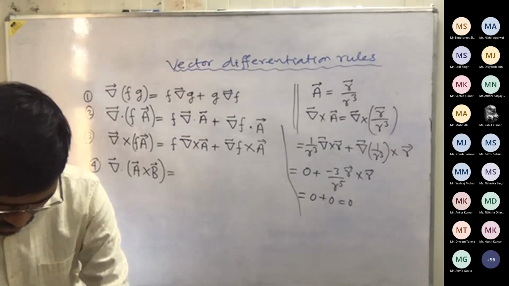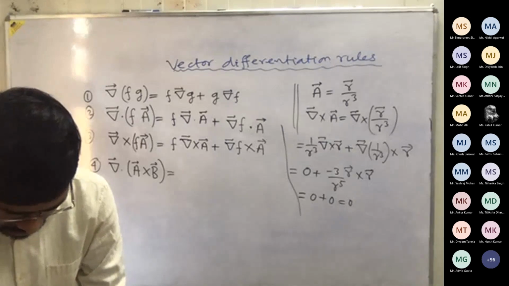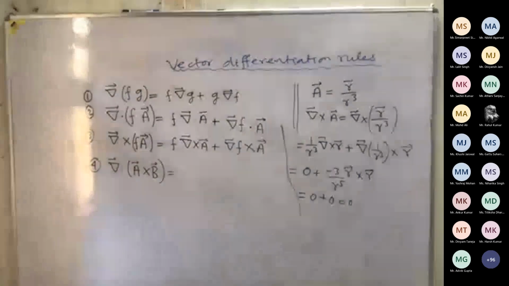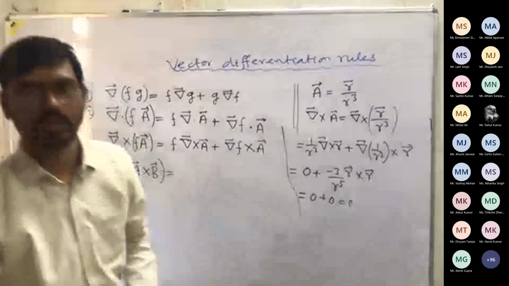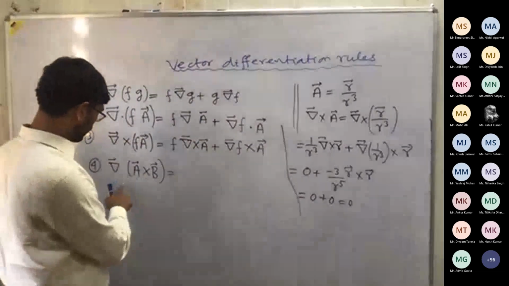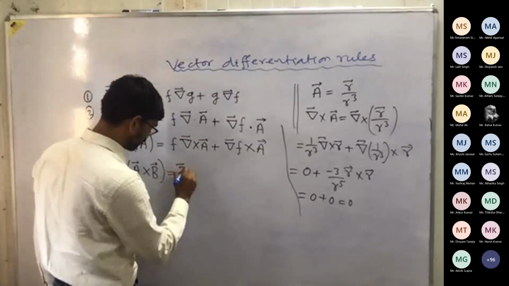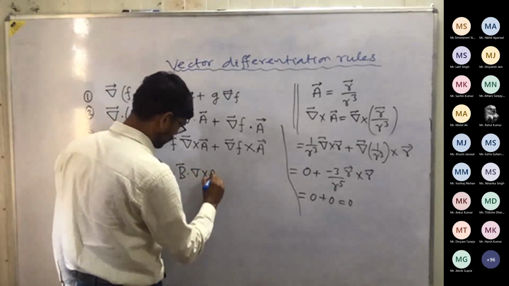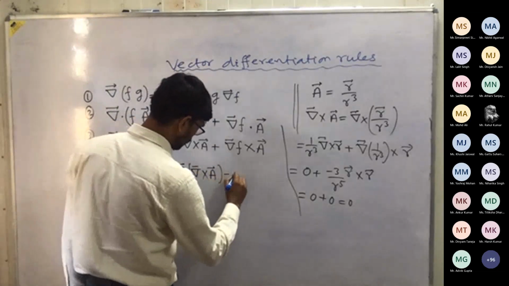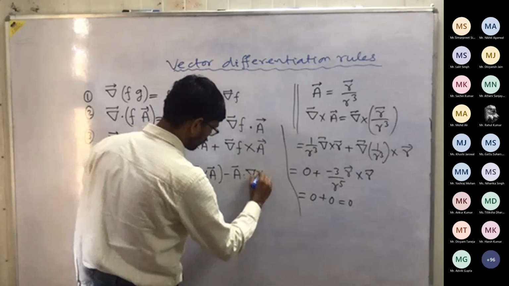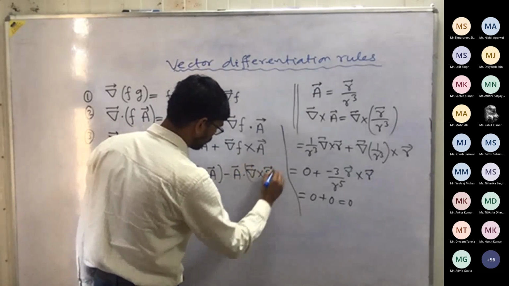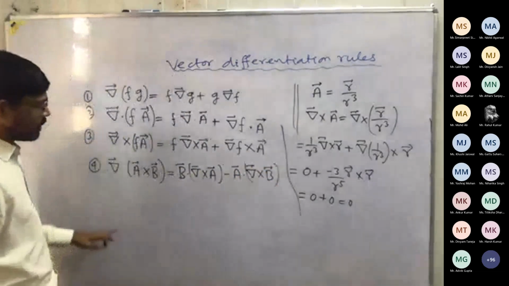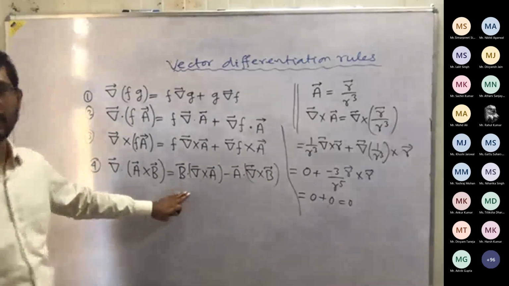If you have the book with you, then you can just tell me. Okay. I think the second one was correct. B dot curl A minus A dot curl B. Yeah, so this is correct.